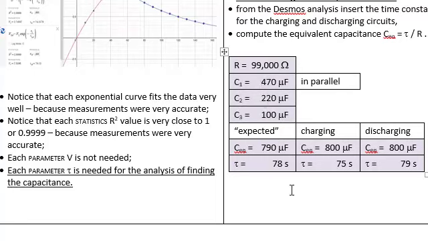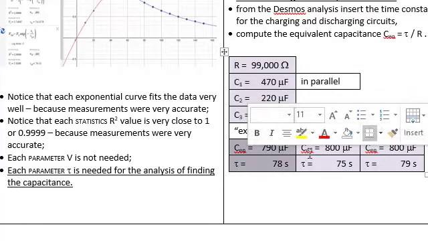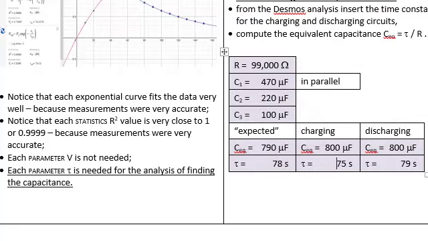And what I expect is if I add them up, notice that these are capacitors in parallel. And I said add them up, right? That's different from resistors in parallel, where you would add the reciprocals, but here apparently it's simply add them up to 790. And then when I measured it with the charging, when I analyzed these curves here for the charging and discharging, this is what I got.